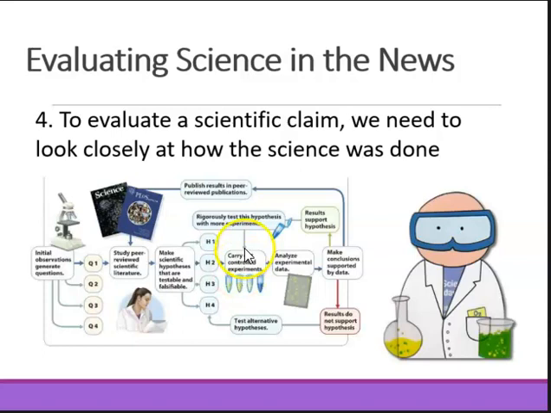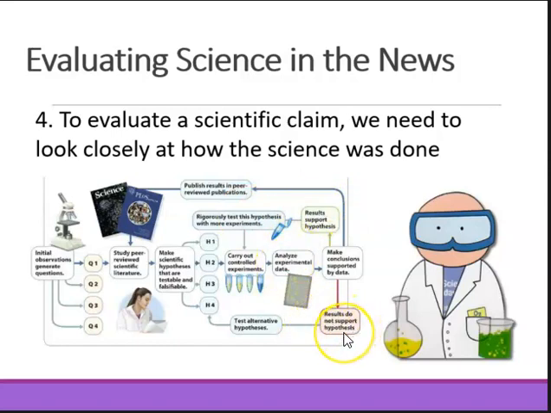You want to rigorously test this hypothesis with more experiments, increase your population data. You then want to analyze this experimental data, make conclusions supported by your data. If the results support the hypotheses, again, continue testing, just to build more data to support this hypothesis.